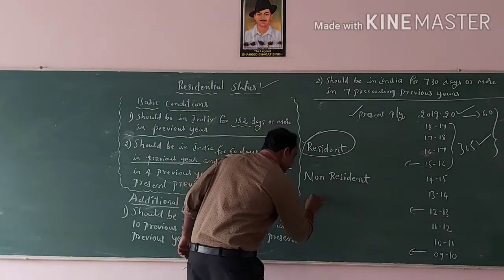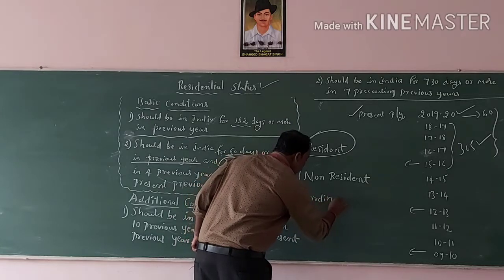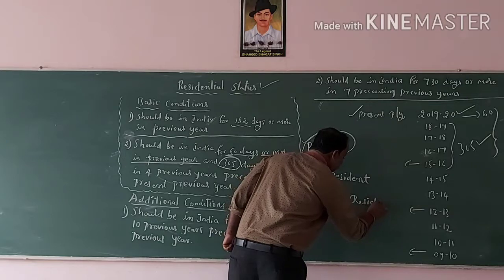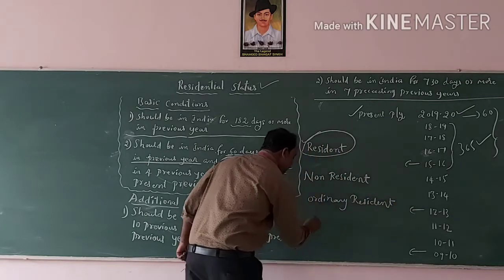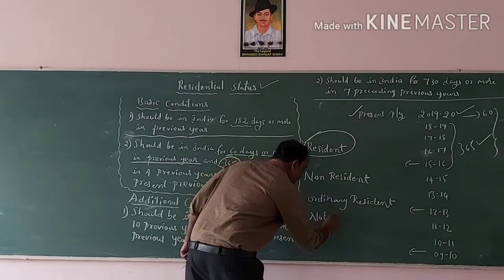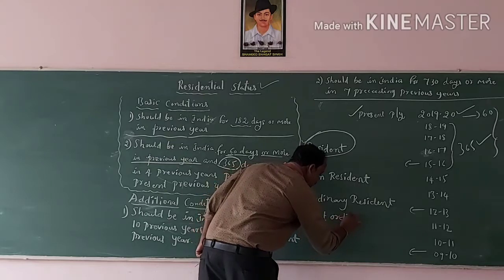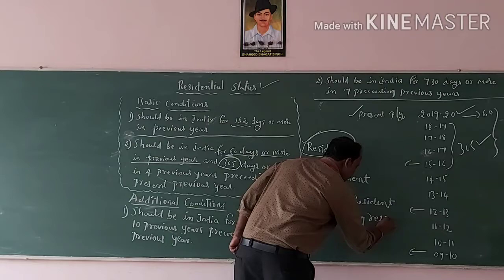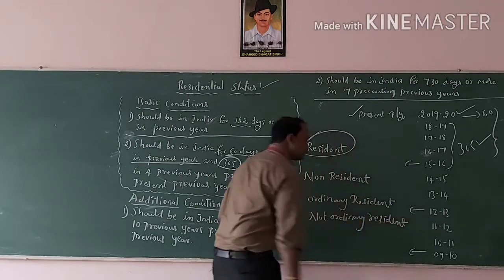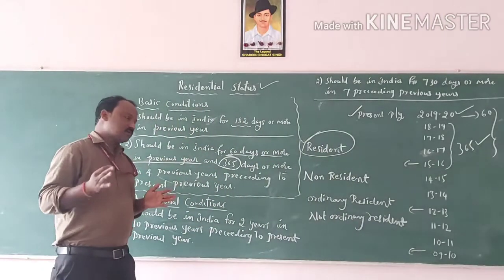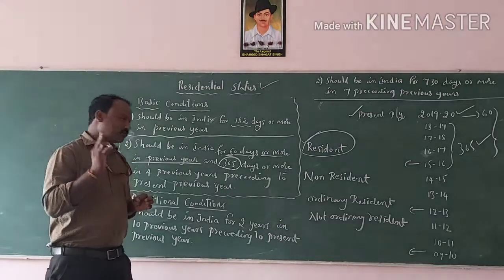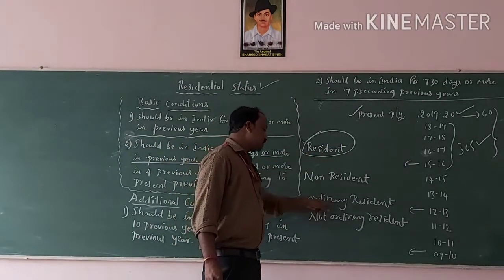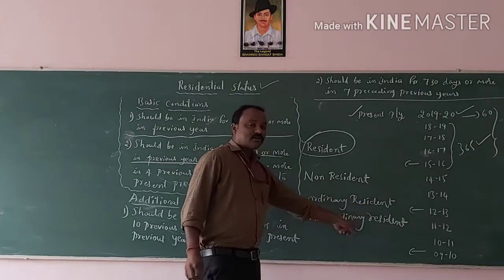I am writing here: ordinary resident, and another one, not ordinary resident. Keep one thing in your mind: only if he becomes resident do we ascertain whether he is ordinary resident or not ordinary resident.